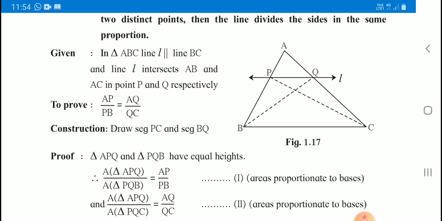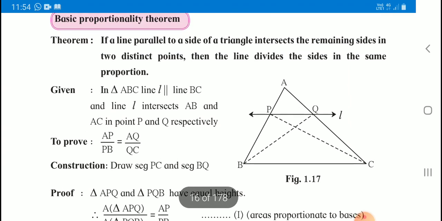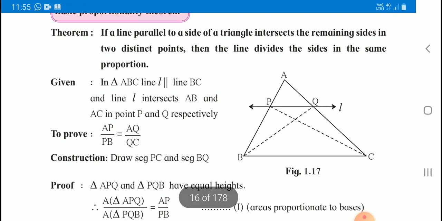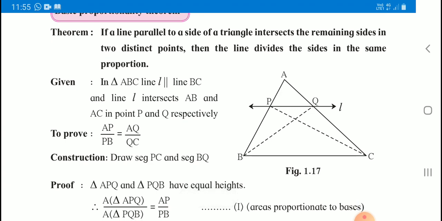This is our construction. Now we will see the proof of this theorem, BPT. Here you will get two triangles: triangle APQ, which is above the parallel line, and another triangle we are taking, that is triangle PQB.